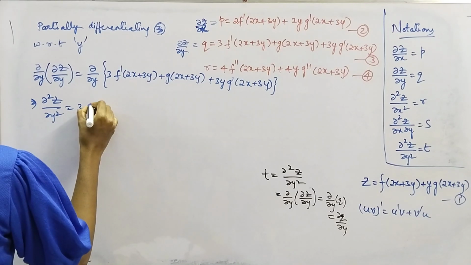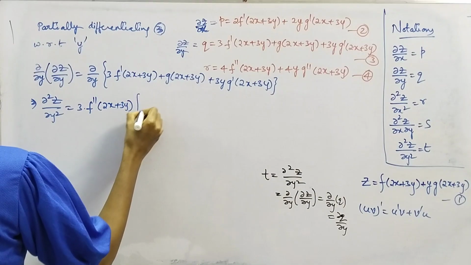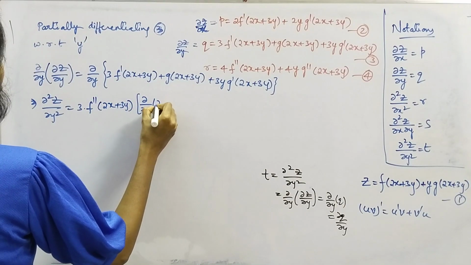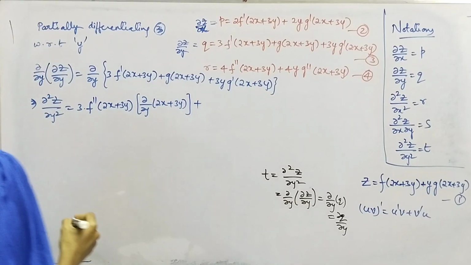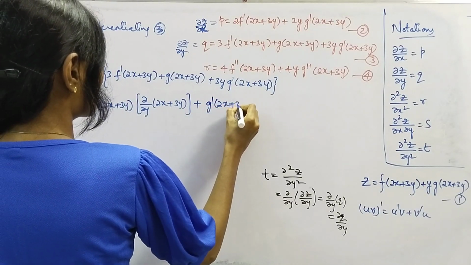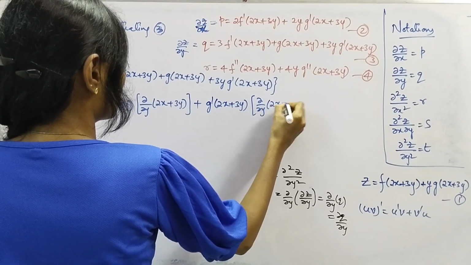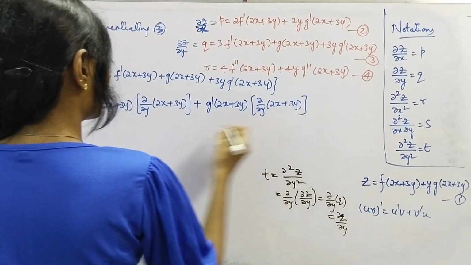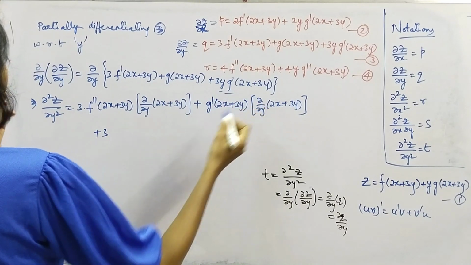with respect to y, which is f'' of (2x+3y) into the inner derivative ∂/∂y of (2x+3y), plus the partial derivative of g with respect to y, which is g' of (2x+3y) into the inner derivative ∂/∂y of (2x+3y), plus 3 into, you have y and g', right?